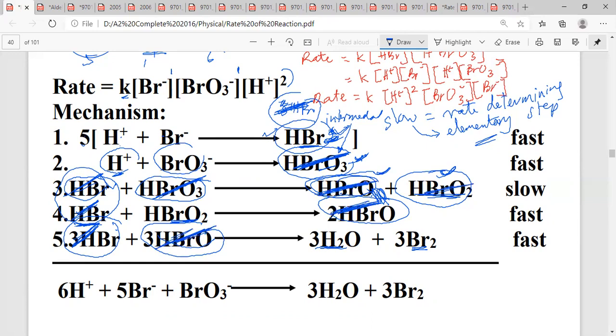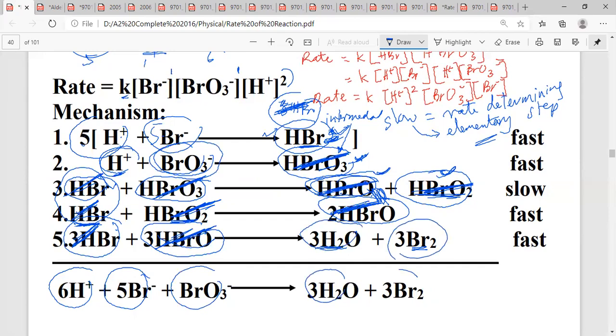Here HBrO2 cancel this one here. So what's left behind is 5H plus plus 1H plus, 6H plus. Here got 5 Br minus, 1 bromate 1 here. Now here must give you 3 water, 3 Br2. When you add up all of this, you must give you the overall equation.